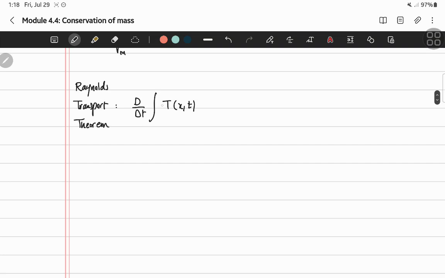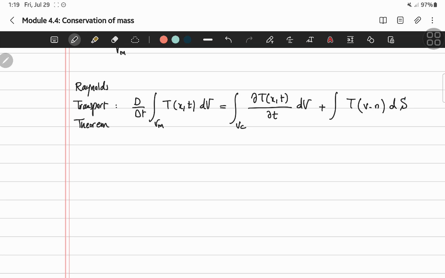The material derivative of the integral of T(x,t) dv over the material volume is equal to the integral of the partial derivative of T(x,t) with respect to time dv over the control volume, plus the integral of T v dot n ds over the control surface.